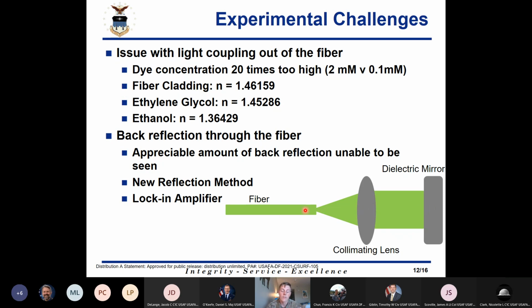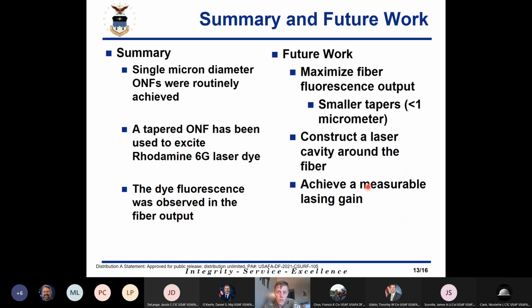So in theory, that should give us a few more degrees of freedom to actually get that light back into the fiber. And then also we're using a lock-in amplifier just because the power of this light is so much lower than the pump light that's initially being launched into the fiber that we really need a way to see these very low power changes in the fiber. And so we're using that lock-in amplifier to try to measure some back reflection.